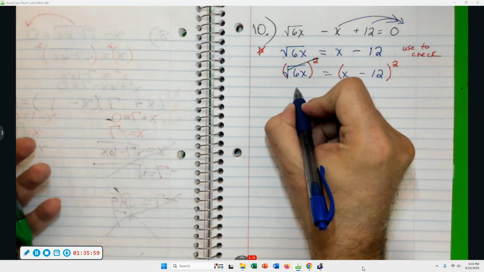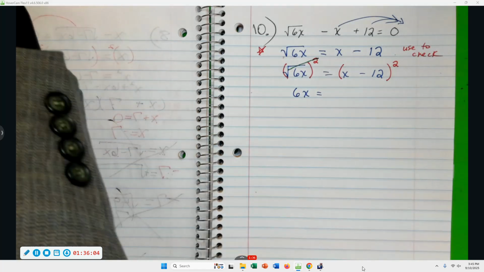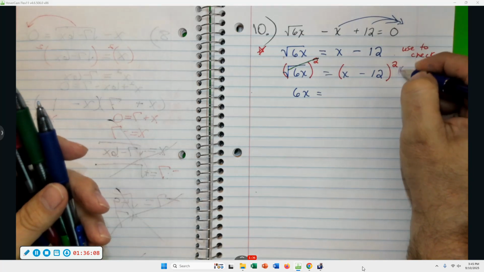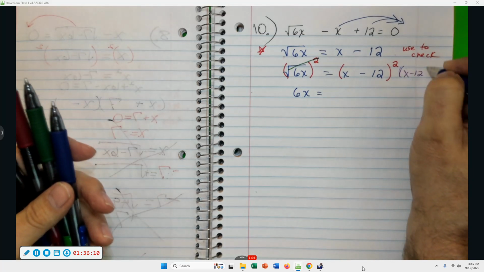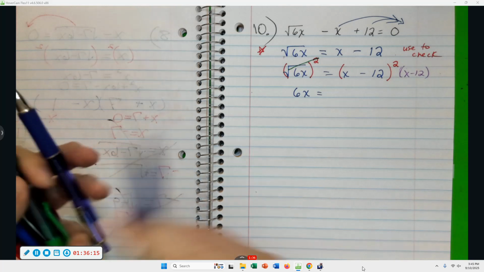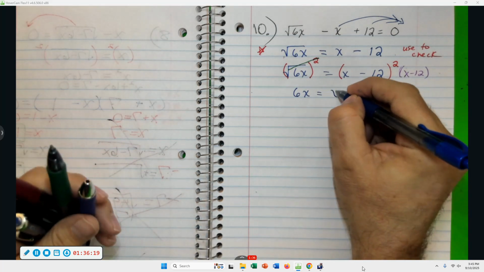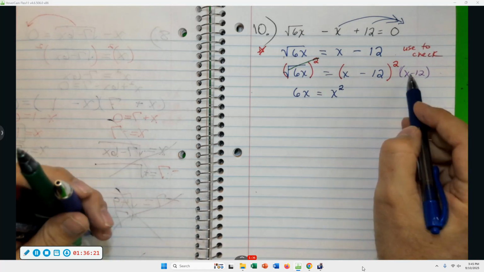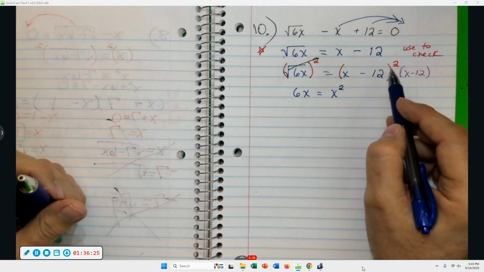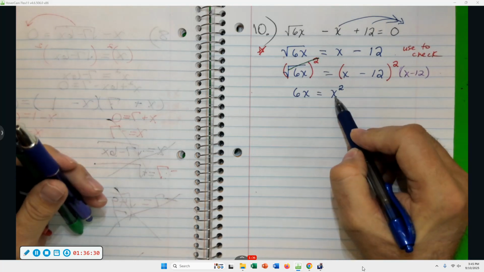Now the right-hand side is going to be a little messy. I'm going to think of that x minus 12 squared as x minus 12 times x minus 12 and FOIL that out. First, x squared.